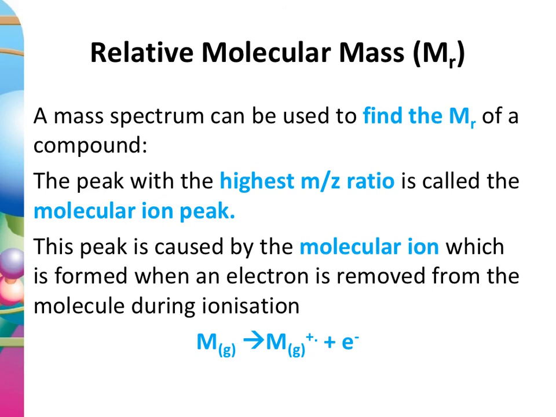You'll notice on the equation at the bottom, I've got something that's a little bit different than earlier. I've got this dot here, which is representing a free radical. That will make more sense once you've done the alkanes topic. But essentially, in an organic molecule, every electron is paired up.